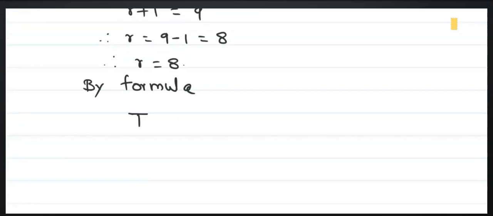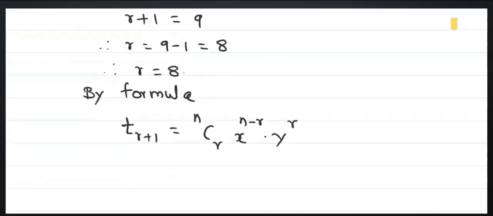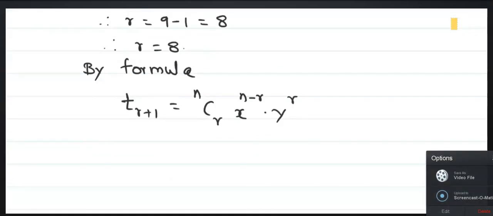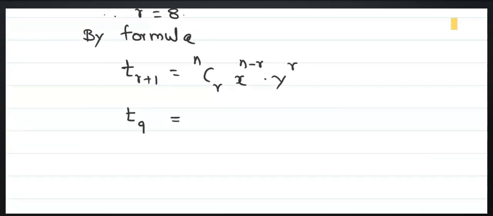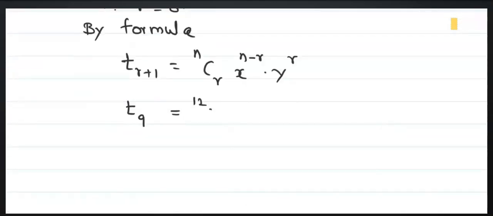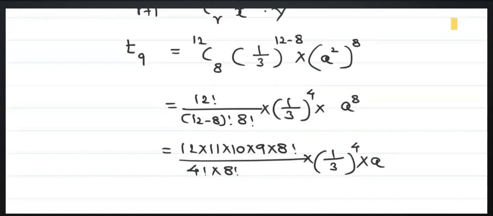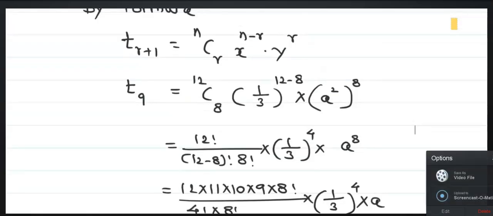Therefore, by the formula t(r plus 1) is equal to nCr x raised to n minus r and y raised to r. This is the formula, and now we will substitute the values. T9 is equal to 12C8 (1 upon 3) raised to 12 minus 8, (a square) raised to 8.